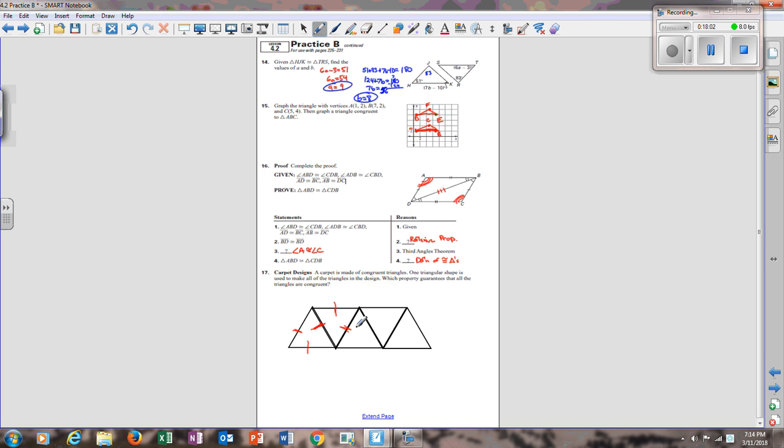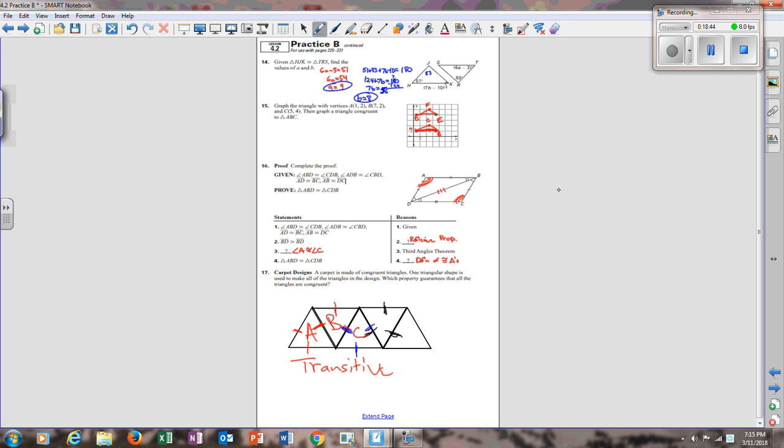And this triangle here is congruent to this triangle here. And that triangle there is congruent to this triangle here. So there's one official property that passes it along, and that's called the transitive property. It would be like triangle A is congruent to triangle B, triangle B is congruent to triangle C, so triangle A is congruent to triangle C.